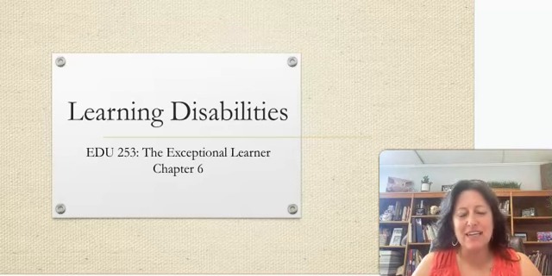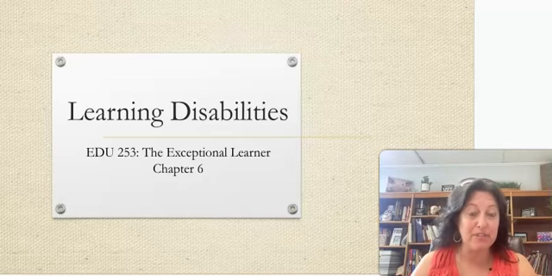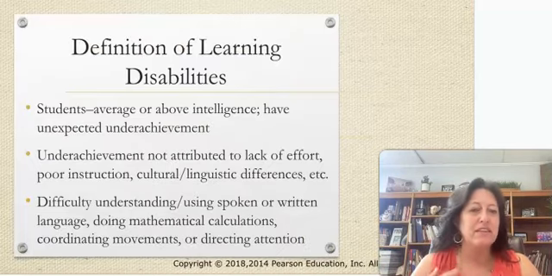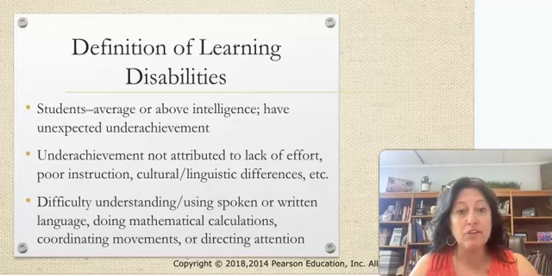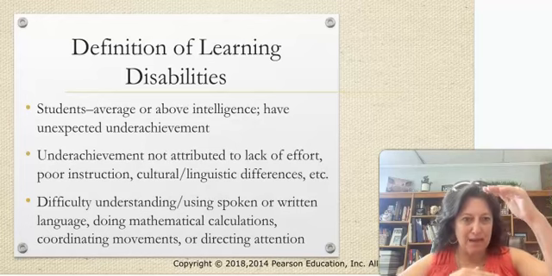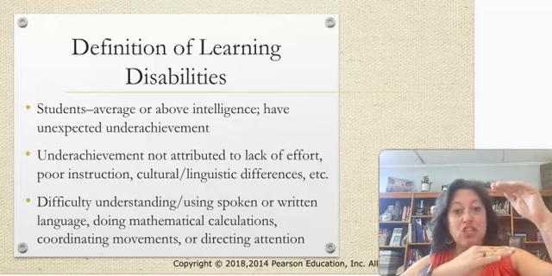Today, we're going to be taking a look at learning disabilities and what this broad topic actually means and what it covers. So, what is a learning disability? These are students who have either average or above average intelligence, but there's a gap between their intelligence and their achievement.